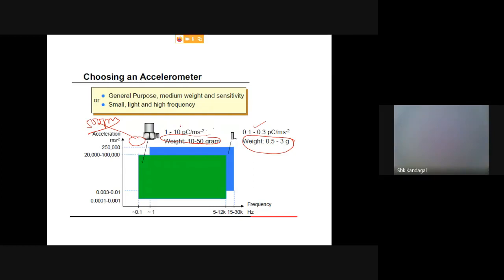This is 1 to 10 picocoulomb, 10 times to 100 times you can compare. The frequency bandwidth also you can see: the larger the accelerometer, the lower the frequency you can easily measure, and the lower the weight, the higher the frequency bandwidth you can measure. One can utilize general purpose, medium weight and sensitivity, and small, light, high frequency accelerometers.